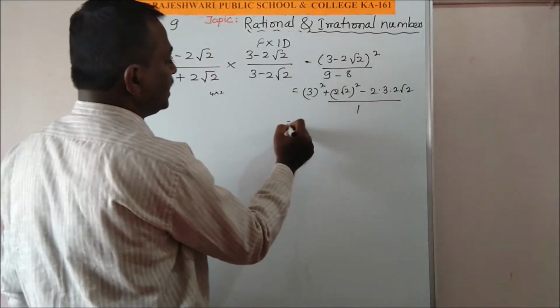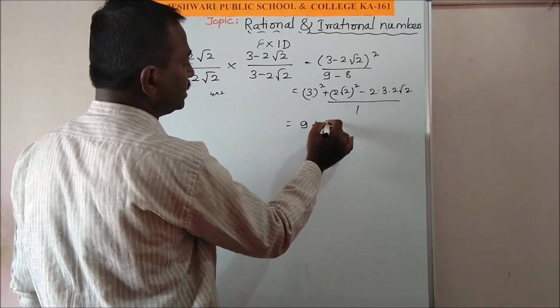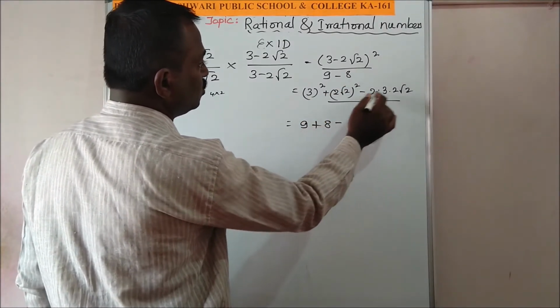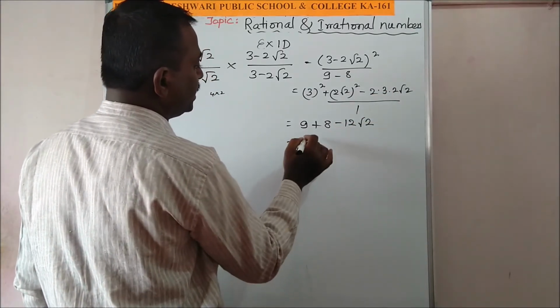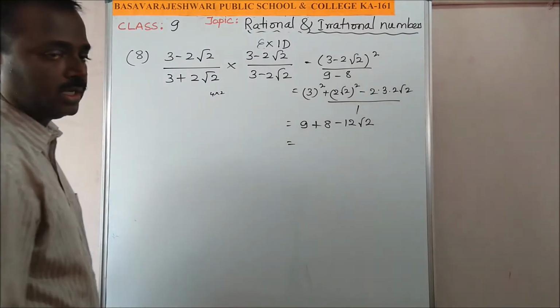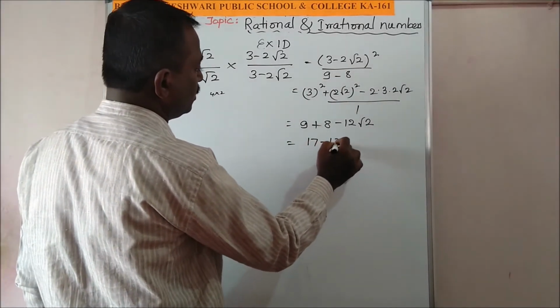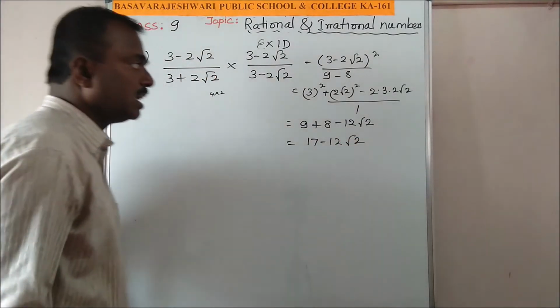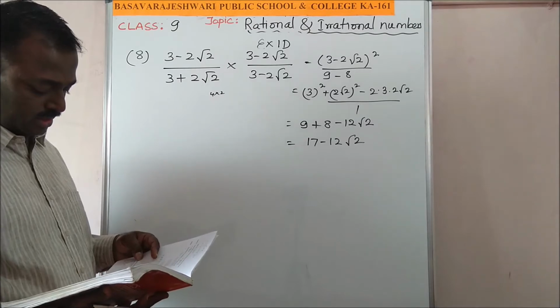So this is 9 plus 8, minus 2 into 3 into 2 is 12 root 2. That is 9 plus 8, 17, minus 12 root 2. So this is the answer for question number 8.